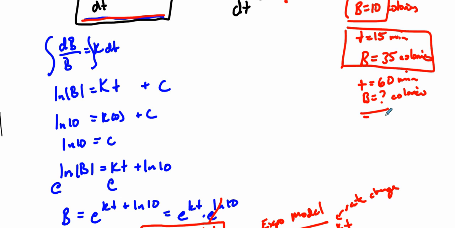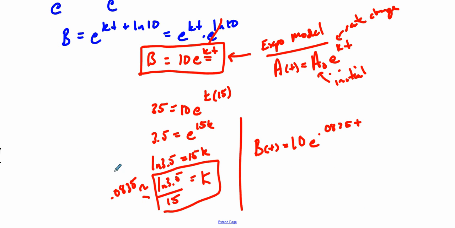What is the value of b when t equals 60? Well, we're going to plug 60 in there. So what is b of 60? 60 minutes, or 1 hour. We have 10 e to the 0.0835 times 60. Put into thy calculator, hopefully I will do all this correctly. 0.0835 times 60, that's what I'm doing right here.